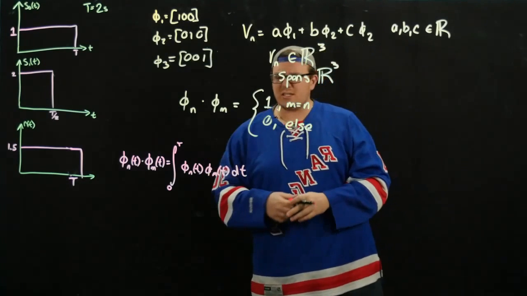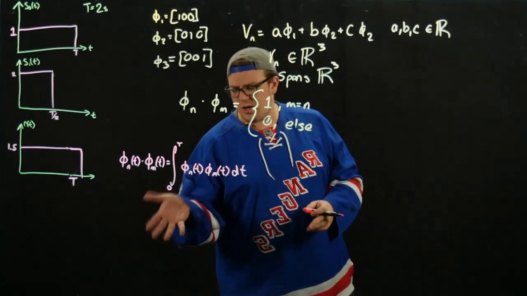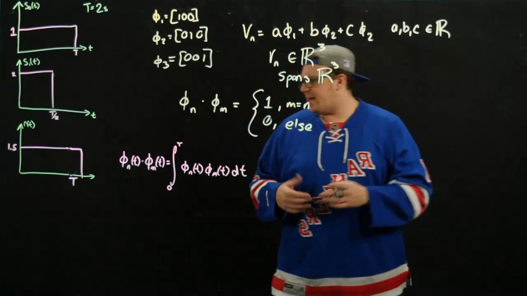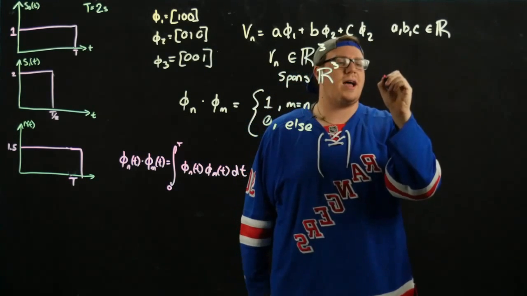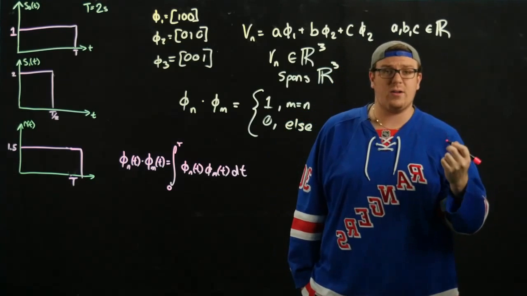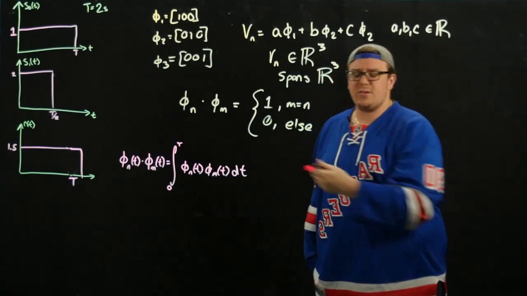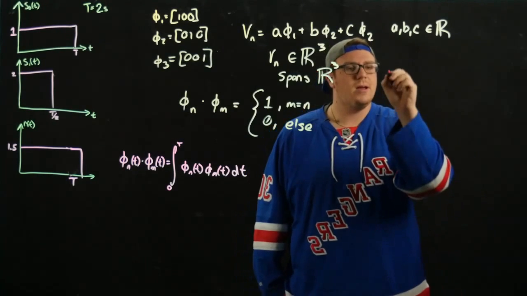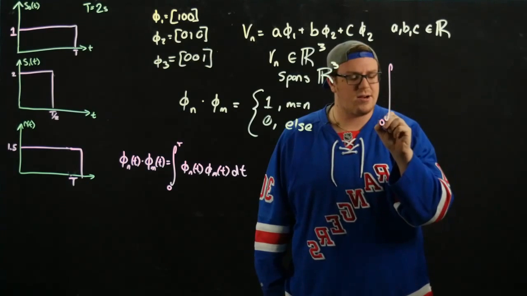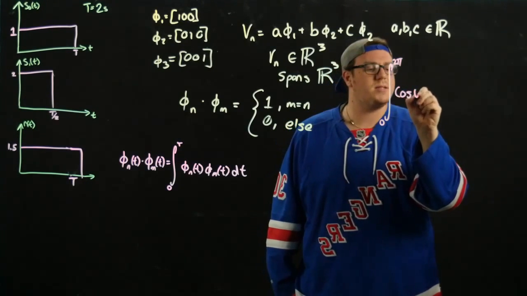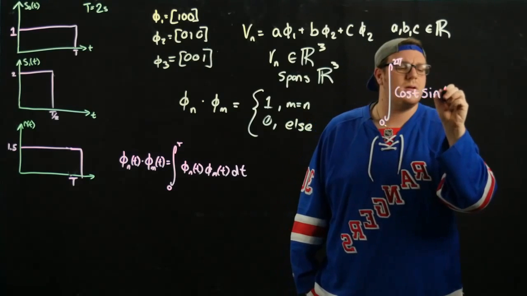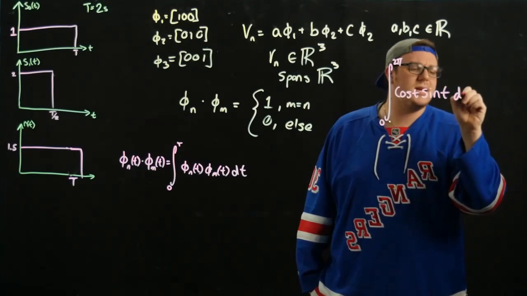Just to see if this is a good way to define it, we can check that very quickly with sine and cosine. We know that sine and cosine should be orthogonal to each other, meaning that if I do this dot product, I should get 0. So I integrate from 0 to 2 pi of cos t times sin t dt.